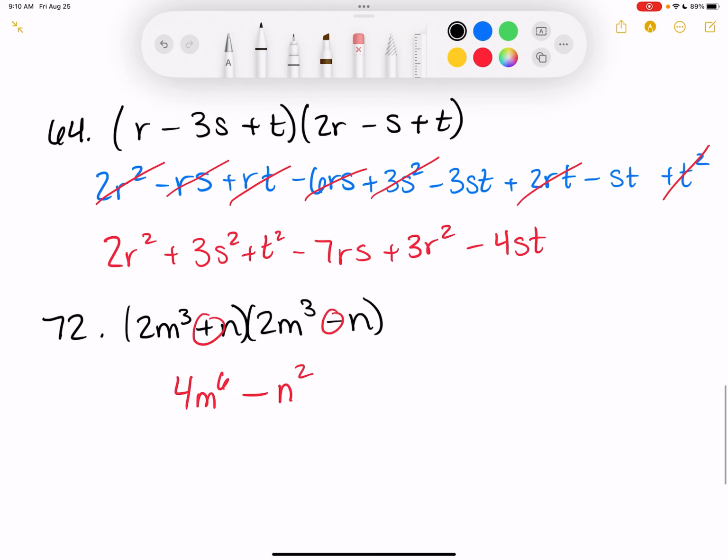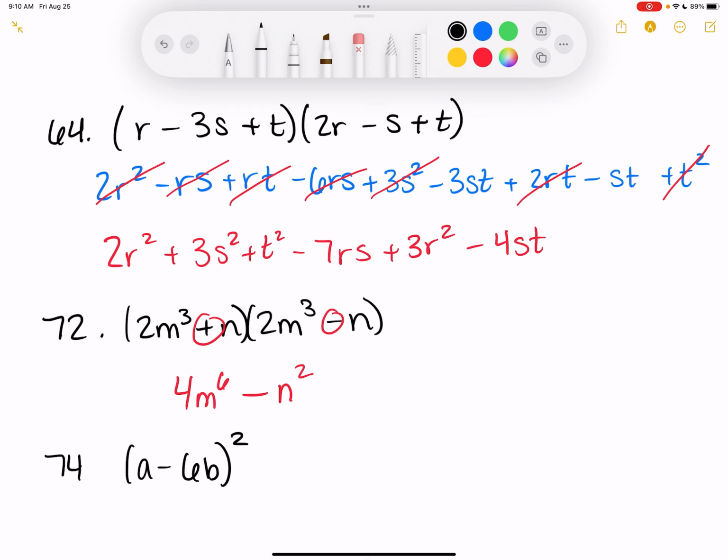Let's see, 74 is a minus 6b, and that whole thing is squared. So this one is another special type. It is a perfect square trinomial, and I think in the notes it should have showed you what that was.